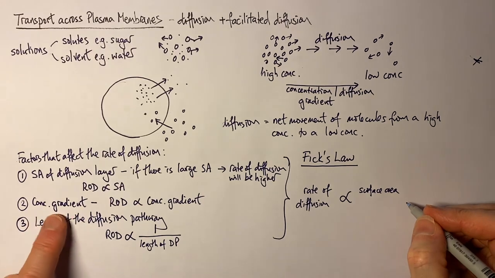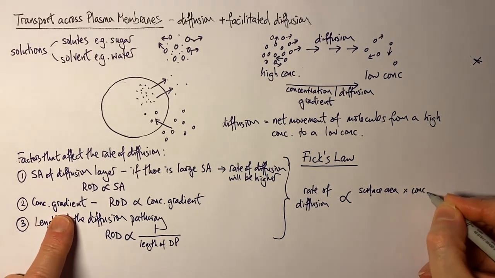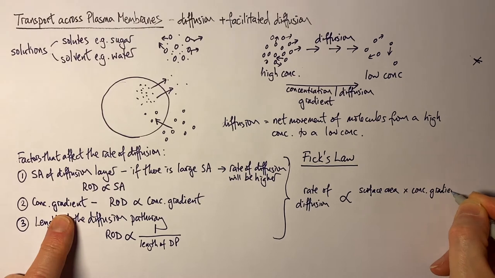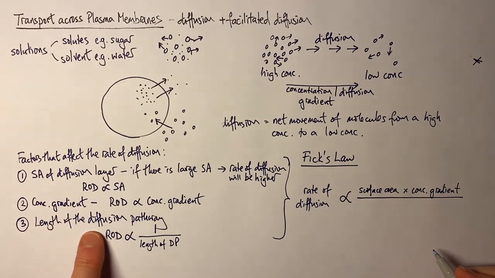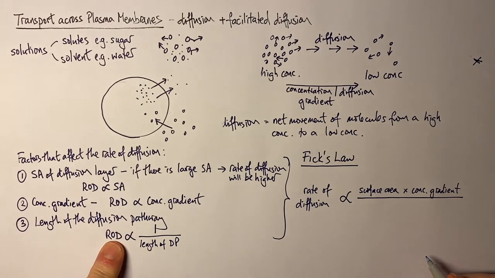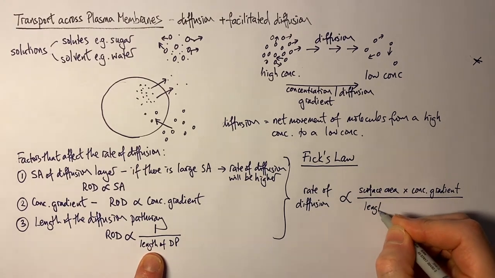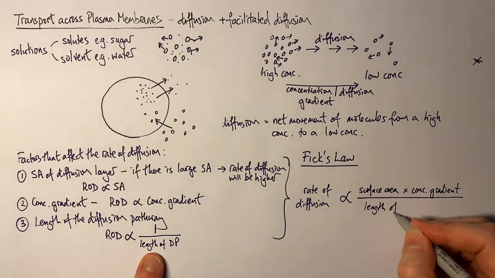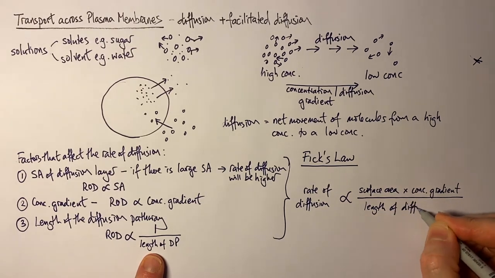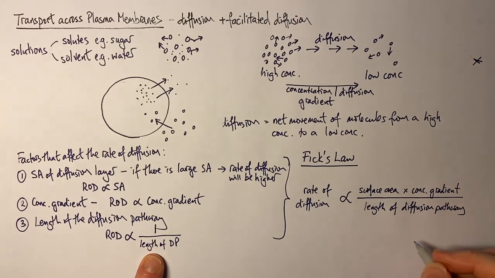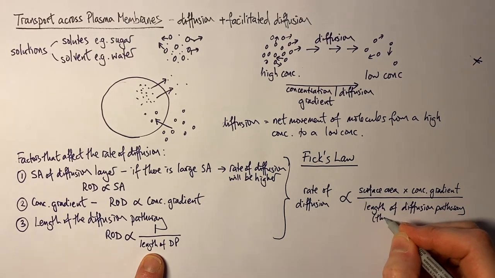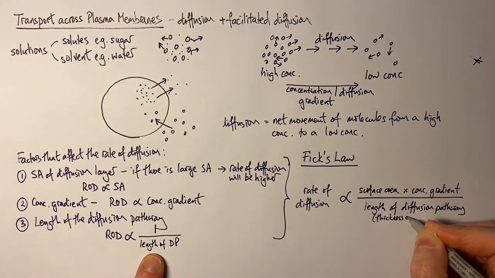It's also proportional to the concentration gradient, so we can put times the concentration gradient all over the length of the diffusion pathway. Well, we said here that rate of diffusion is inversely proportional to the length of the diffusion pathway, so 1 over, so we put that on here. So we put the length of the diffusion pathway. Now that is sometimes described as the thickness of the exchange surface.